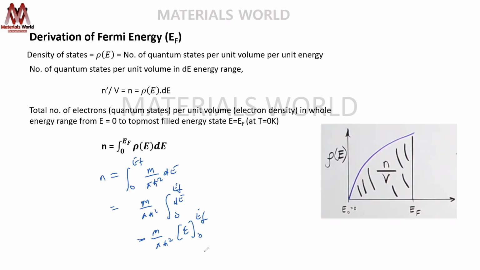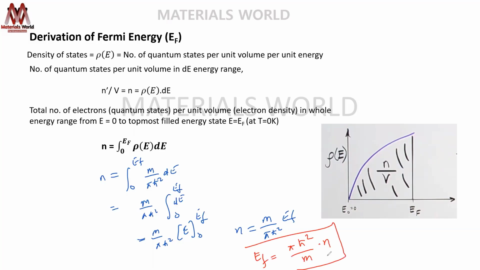So what is your final expression? N equals m by pi h cross square times EF. See how simple the relation is. So your EF will be pi h cross square by m into n.